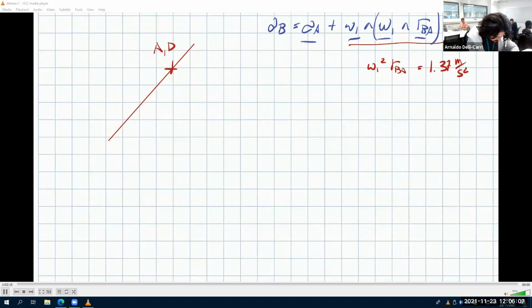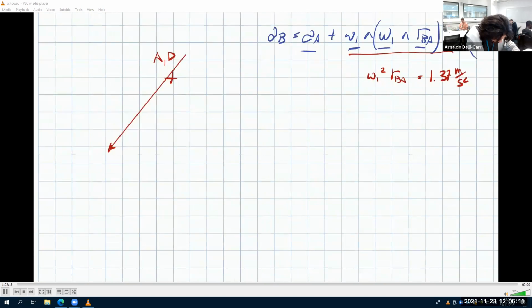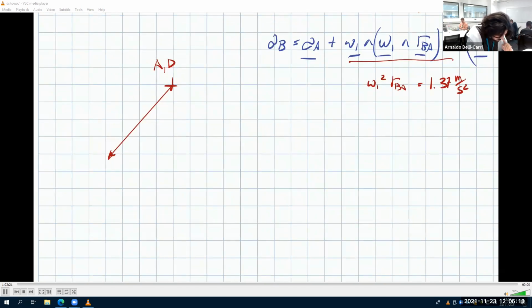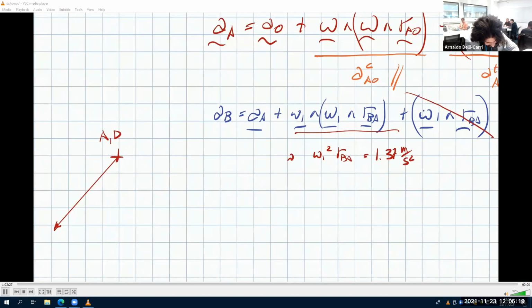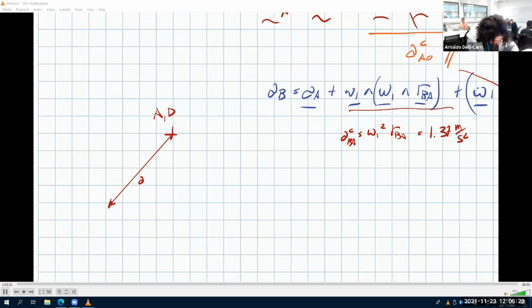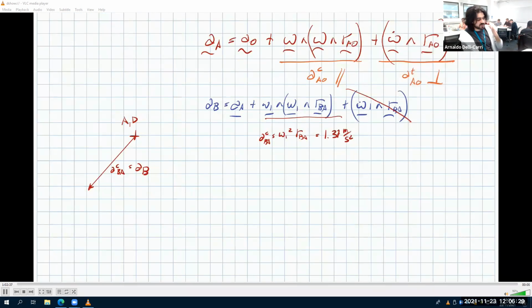So this is the centripetal acceleration of BA, which is also equal to the acceleration of B. How do I know? Because AA is 0, plus this, plus 0.